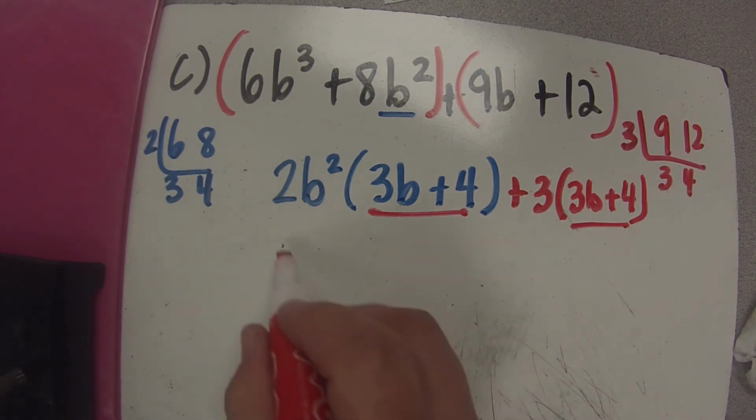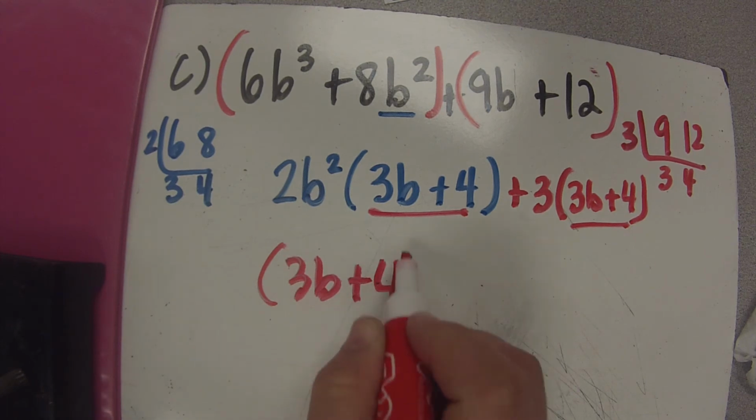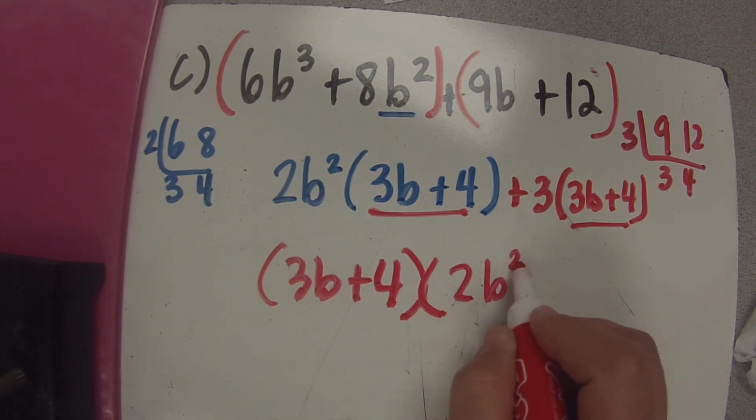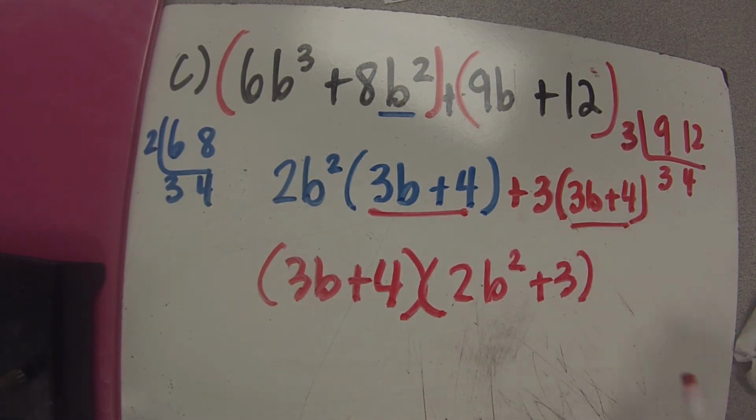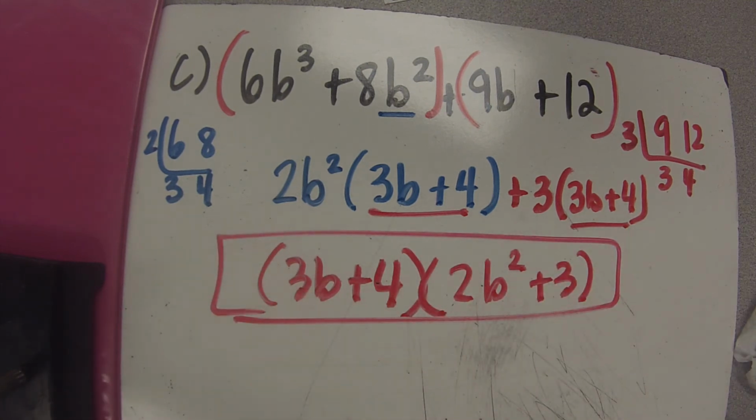Both of those match, so pull that out: 3b plus 4, left with 2b squared plus 3. And to check all of these, you can use the box method or FOIL method to take them back to the original polynomial. Okay, last example that we're going to do from this section.